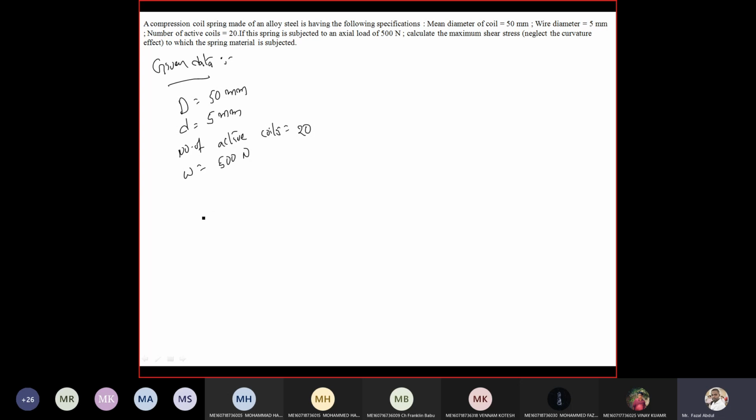The question is asking, what is the maximum shear stress? The maximum shear stress here is not given, but additionally I am asking for it in two ways: without considering the curvature effect, and another with the curvature effect.